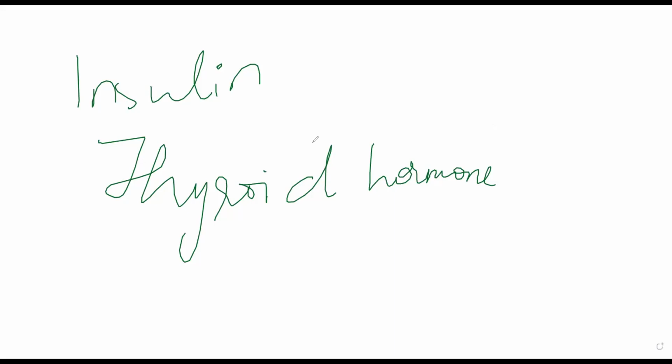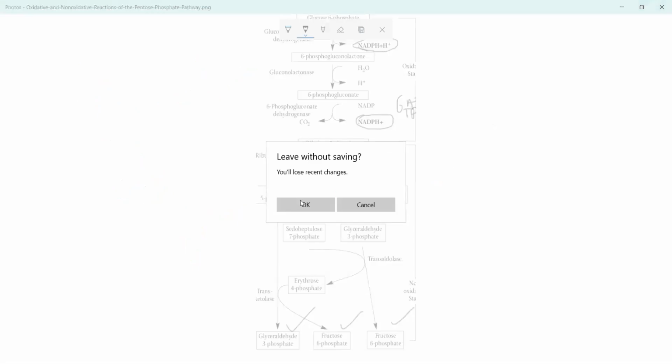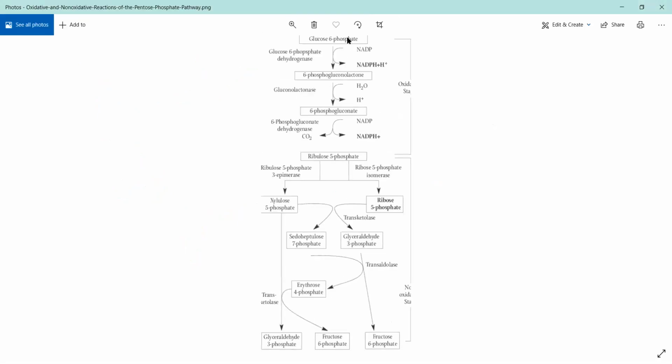Dehydrogenase is the first enzyme, if you remember, glucose 6-phosphate to 6-phosphogluconolactone, the first dehydrogenation reaction. Look at the first reaction, glucose 6-phosphate to 6-phosphogluconolactone. There is a dehydrogenase enzyme here. Insulin controls the production of that dehydrogenase. If an excessive amount of insulin is present, that dehydrogenase will not be produced.